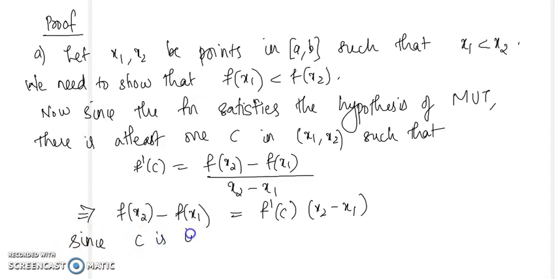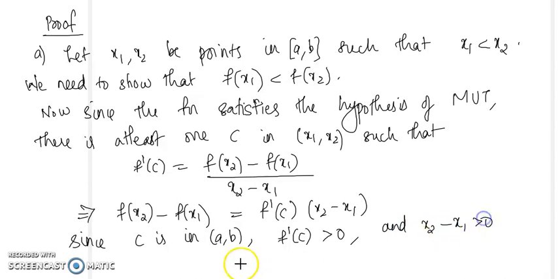And now since C is in the open interval AB, by the hypothesis f dash of C is greater than 0 and x2 minus x1 is also greater than 0.